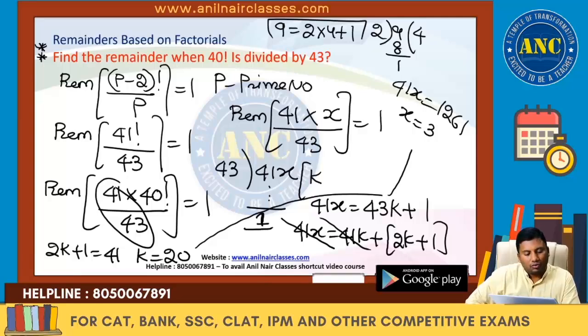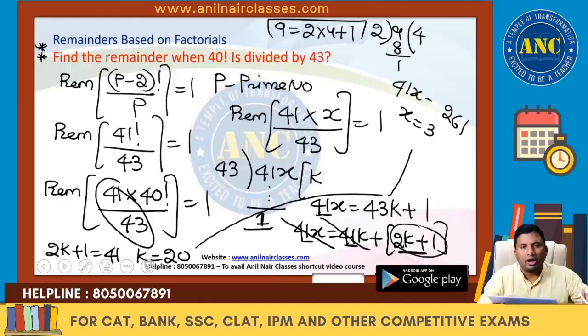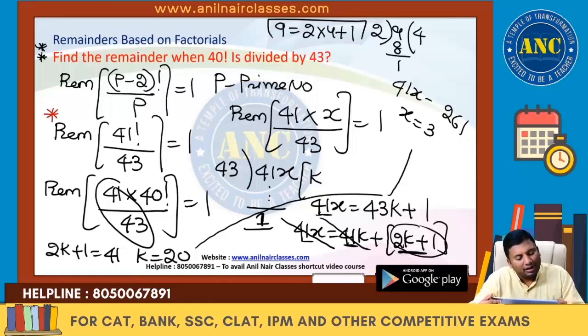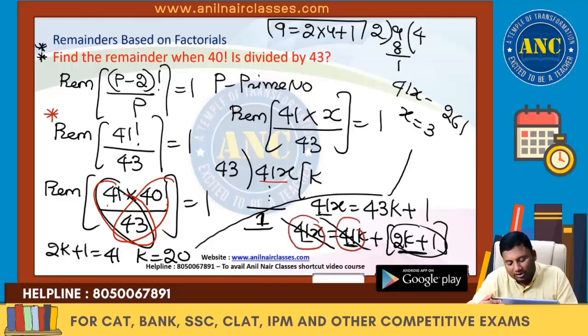41x is 43k plus 1, which is 41k plus 2k plus 1. This should be divisible by 41. 41 factorial divided by 43 is 1. 41 factorial is 41 into 40 factorial, so 40 factorial by 43 is x. 41x by 43 is 1. 41x is 43k plus 1, that is 41k plus 2k plus 1.